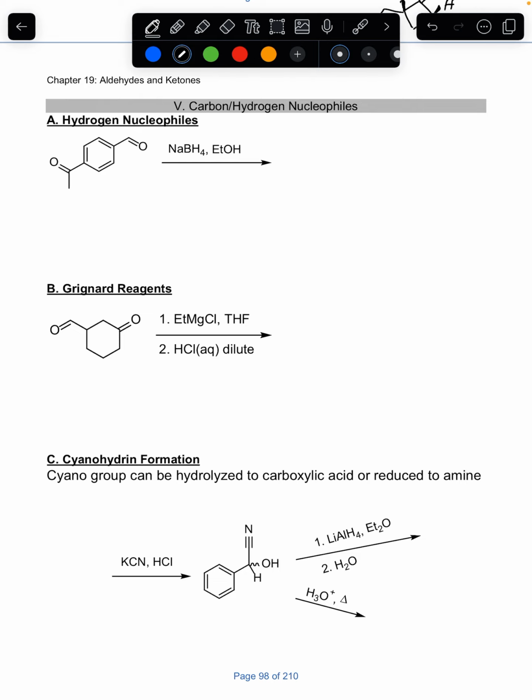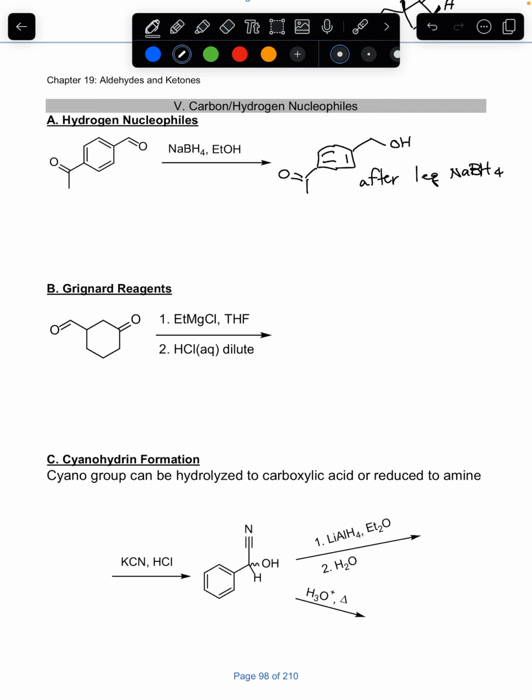All right. If you were to treat this ketone and aldehyde mix with sodium borohydride, what would happen? Well, it kind of depends on how many equivalents of sodium borohydride you've got, but if you only have one equivalent, I hope it makes sense to you that the first carbonyl that reacts is going to be the aldehyde.